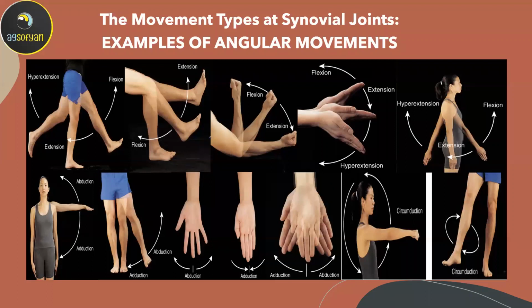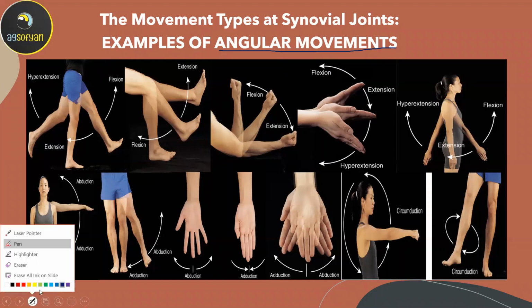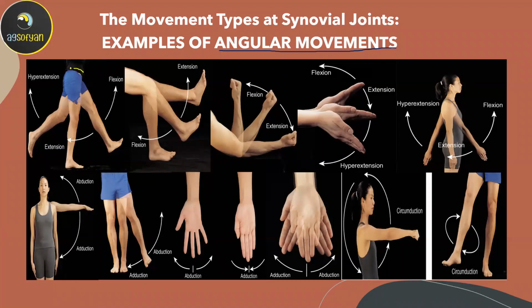Now we're going to see examples of movement. The types of movement at the synovial joint. This is angular movement. Angular movement is the movement that changes the angle. For example, we're going to use the hip joint over here.